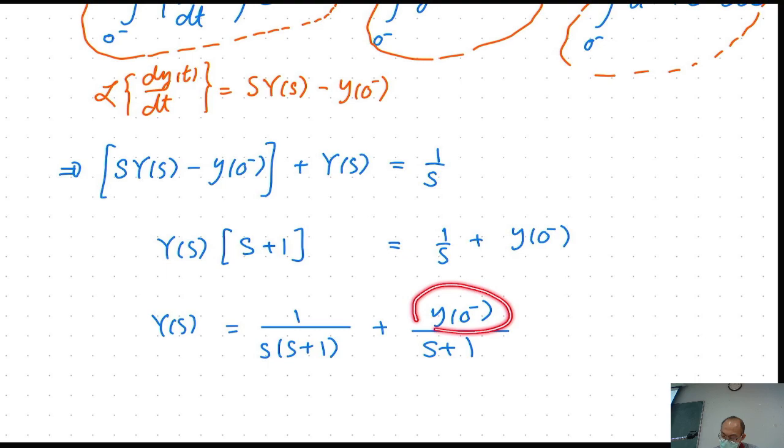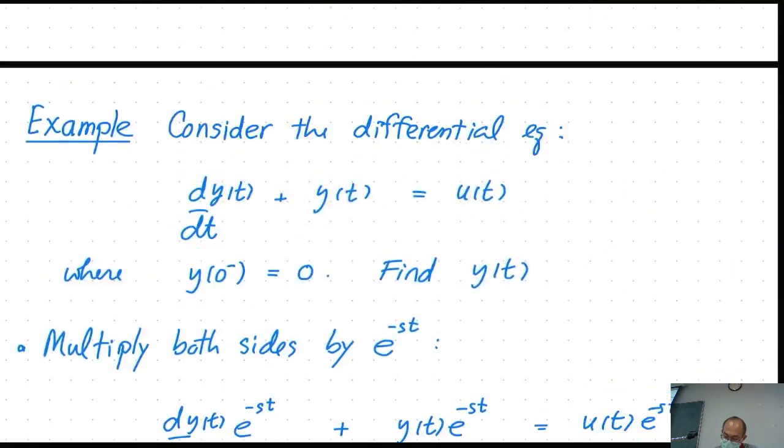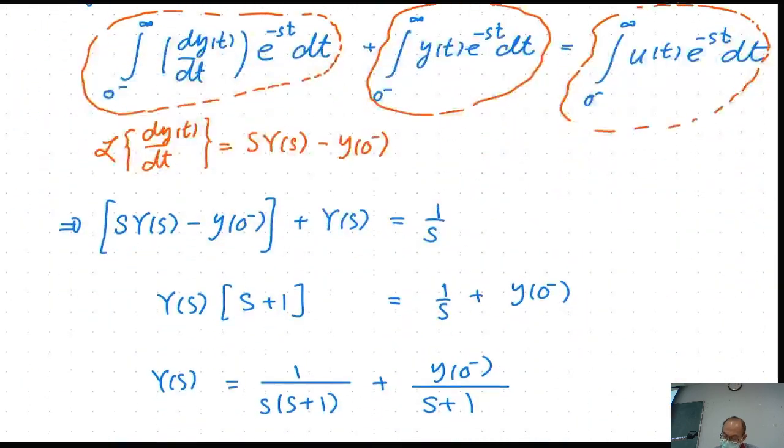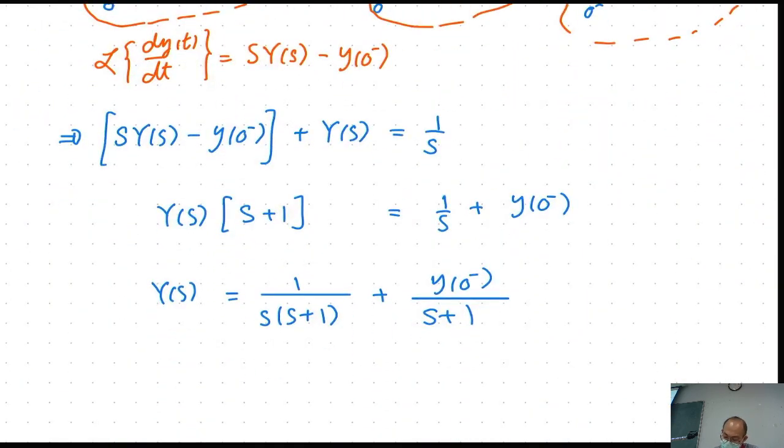The question tells us that this value is 0. This is the initial condition of the differential equation, so we plug in 0. Once we do that, Y(s) would be 1 over s times (s plus 1).